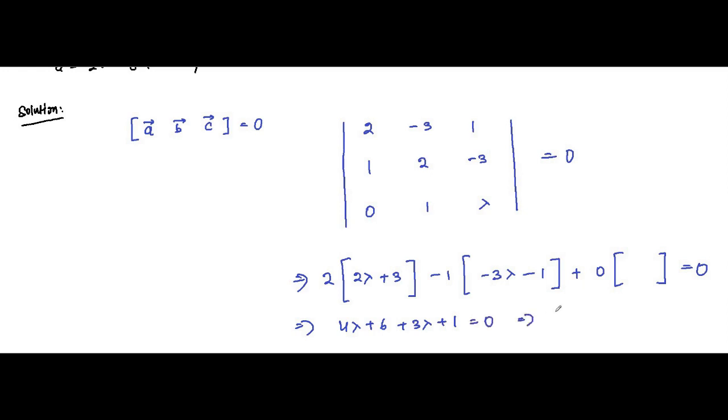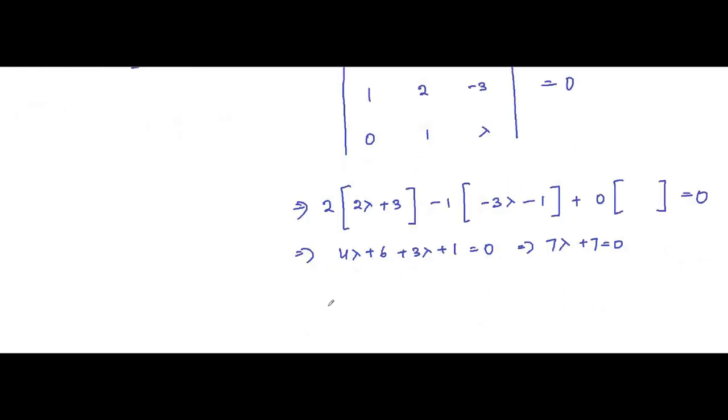That implies 7 lambda plus 7 is equal to 0, so lambda is equal to minus 7 by 7, which is equal to minus 1. So the value of lambda so that these three vectors are coplanar is minus 1.